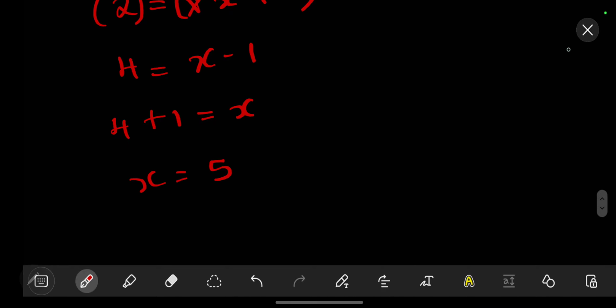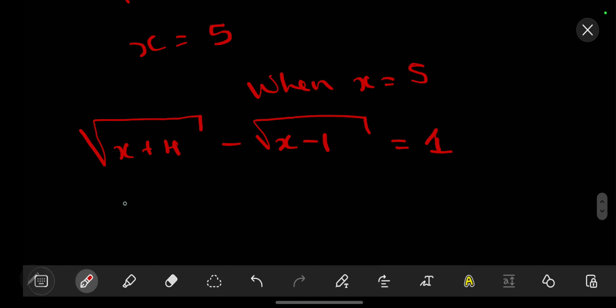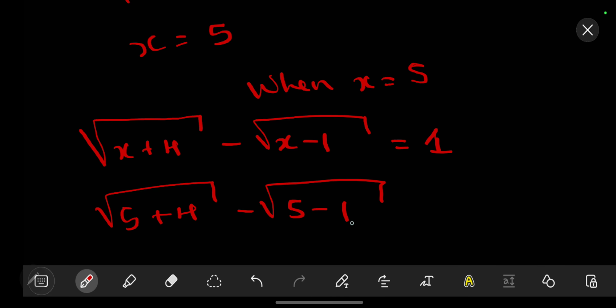So let us test when x is equal to 5. In your test you say testing when x is equal to 5. So you are going to have the square root of, where there is x, we put 5 plus 4 minus the square root of 5 minus 1, which should be equal to 1.